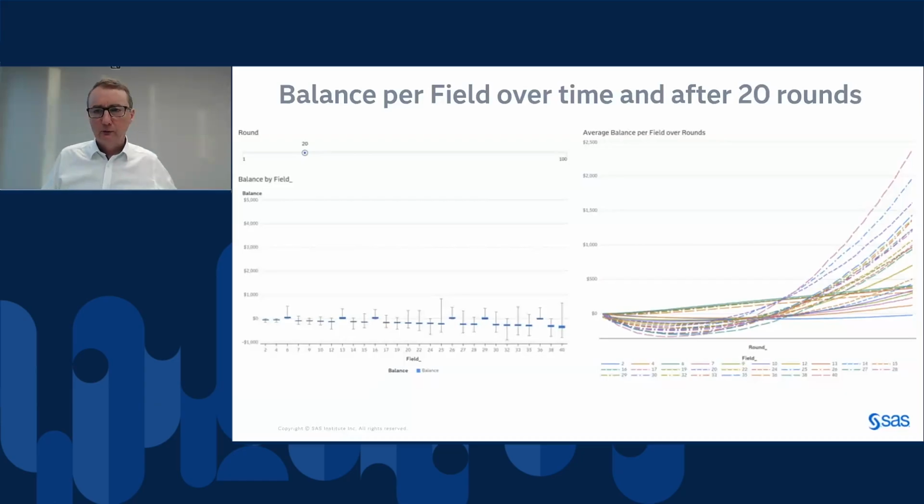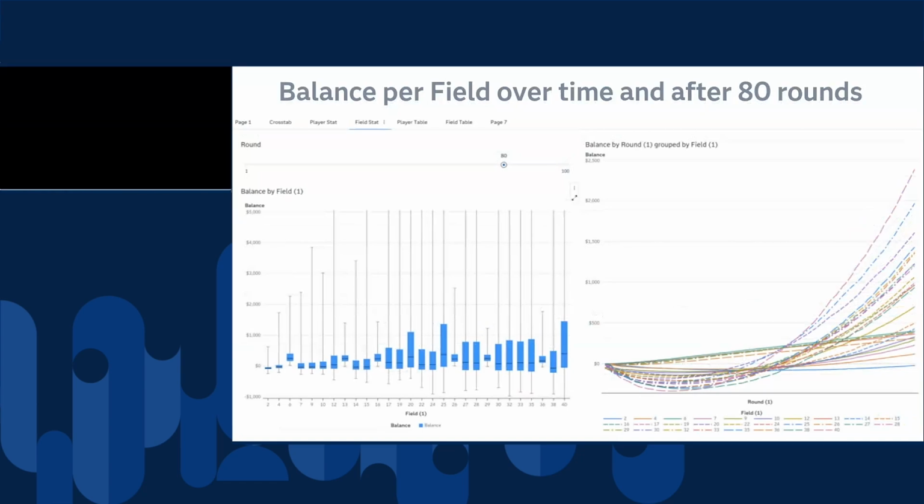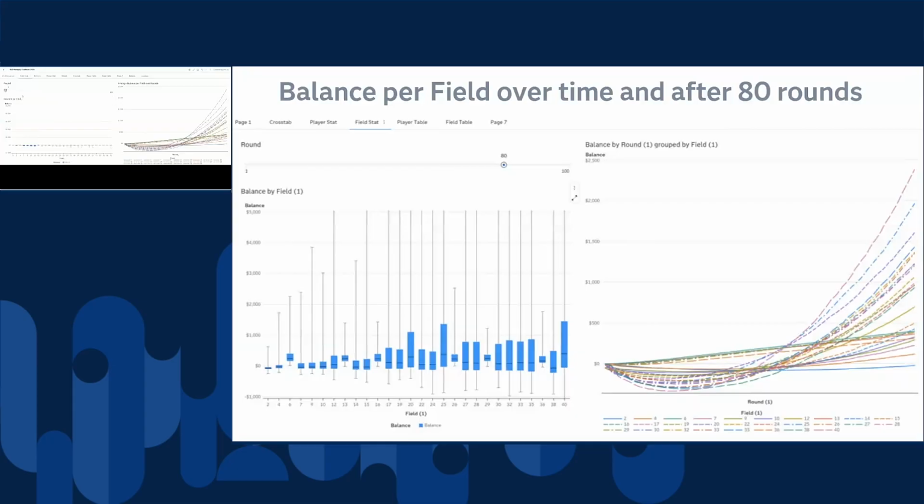And more powerful results means we will go and take a look, what is the balance per field after 20 rounds, after 80 rounds, how does this differ? And again, I would like to show you how you can visualize this in SAS Visual Analytics. So what I built here is again a dashboard where I used a slider for the rounds.